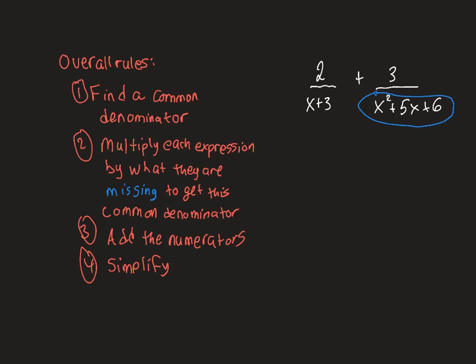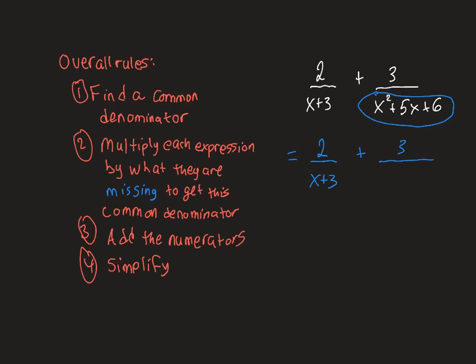Because to find the common denominators, you need to find what factors are multiplying each other, what product gave you this. As you remember from the common trinomial video, we want to simplify common trinomials. So 2 over x plus 3 we're going to leave the same, plus 3 on the top stays the same.